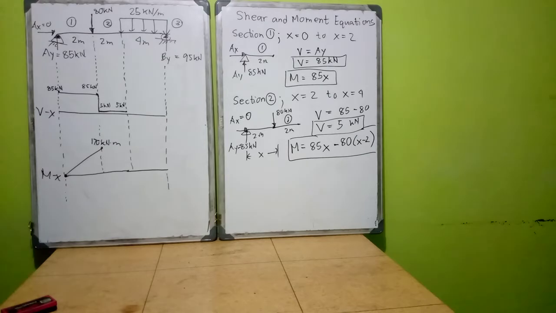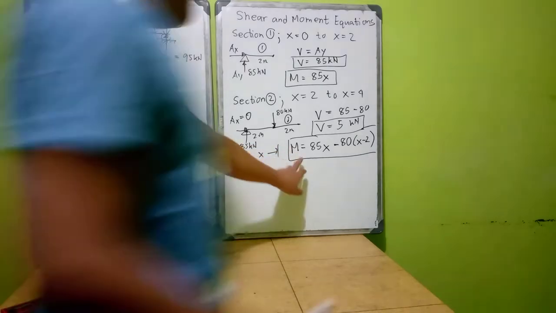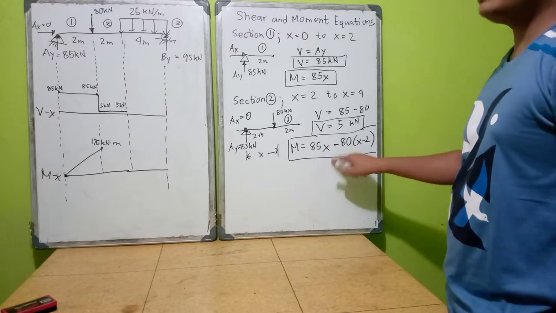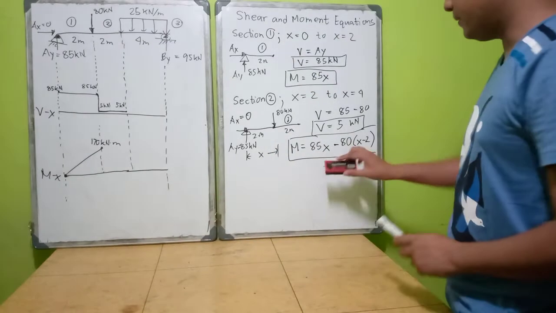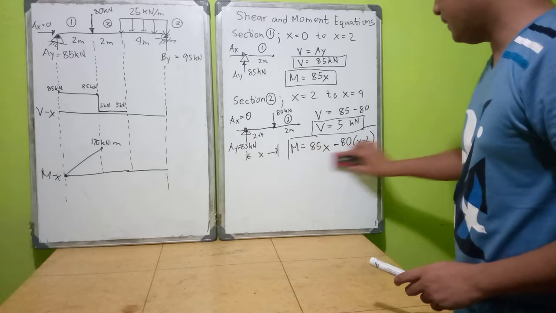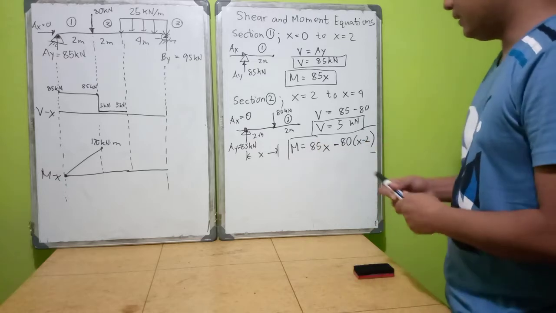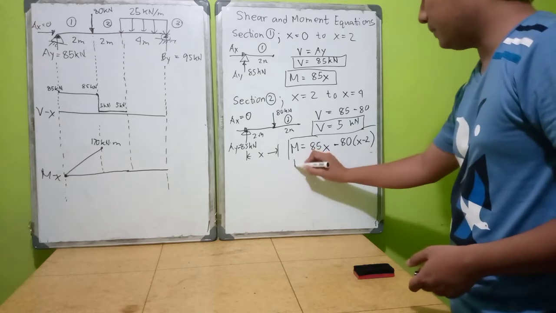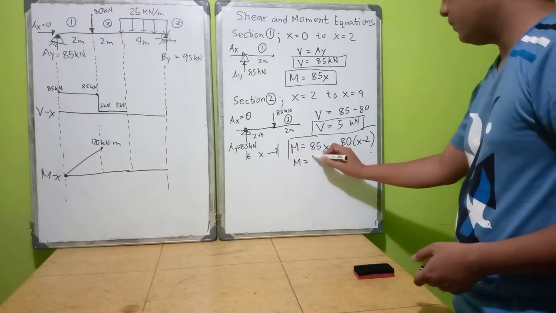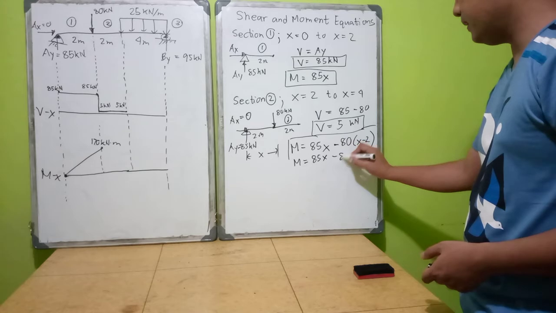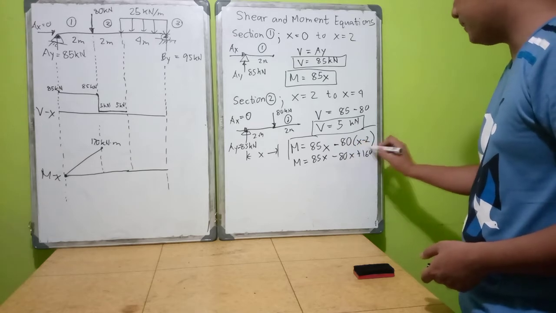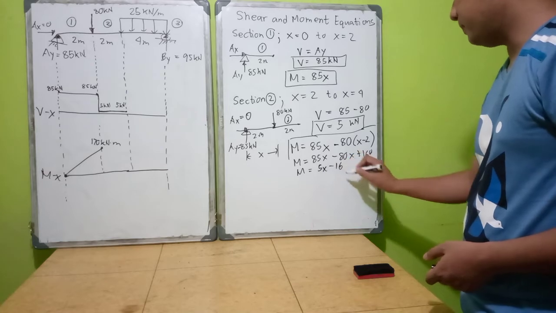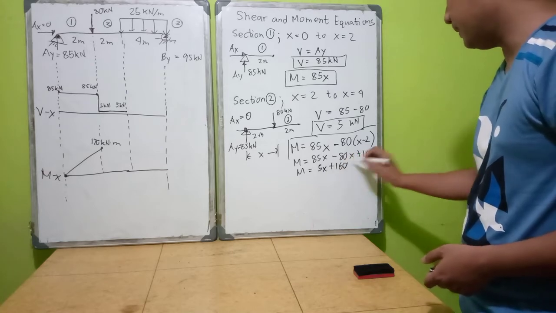So how do you translate this equation? Actually, you can simplify this equation so that you will get a simpler one. Let us say M is equal to 85x minus 80x plus 160. So we have 5x plus 160.